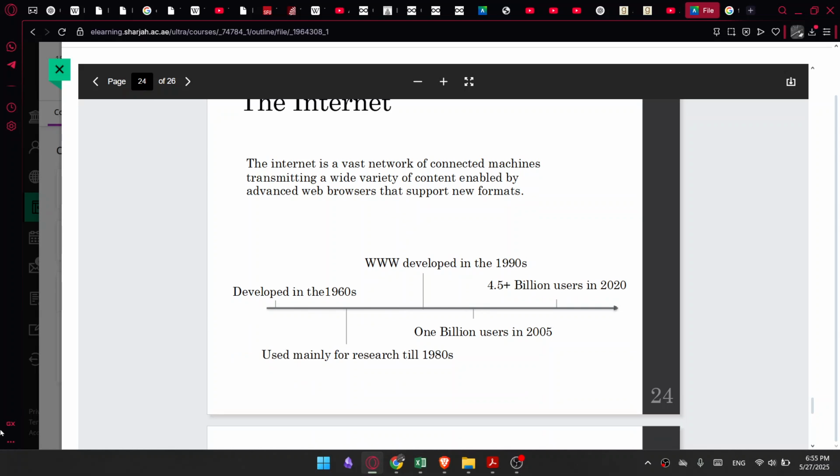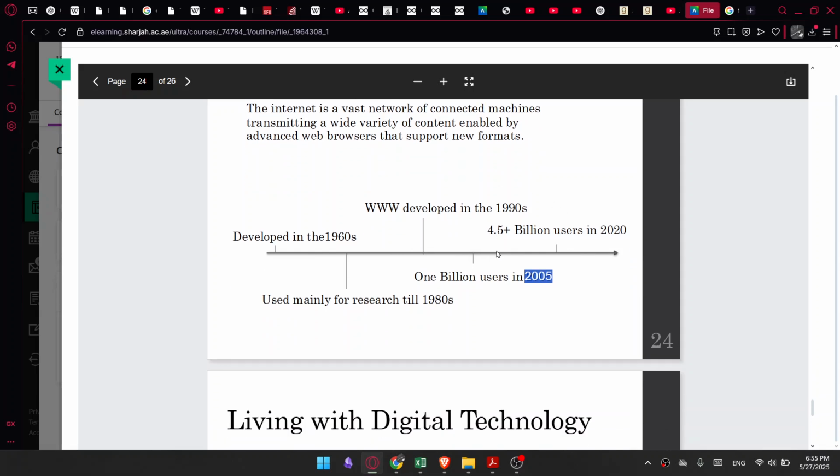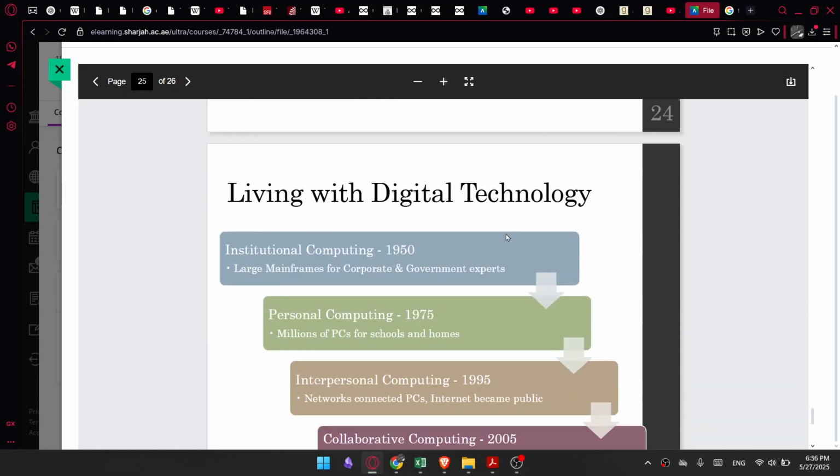This is a timeline: developed in the 1960s, used mainly for research until 1980, and the WWW, World Wide Web, developed in the 1990s, with 1 billion users in 2005, increasing to more than 4.5 billion users in 2020. And of course this number is increasing now.